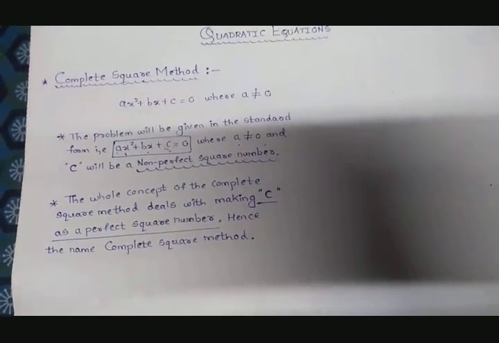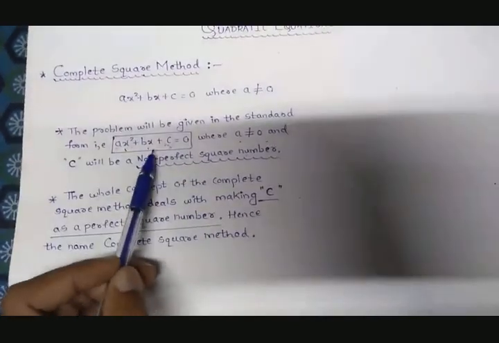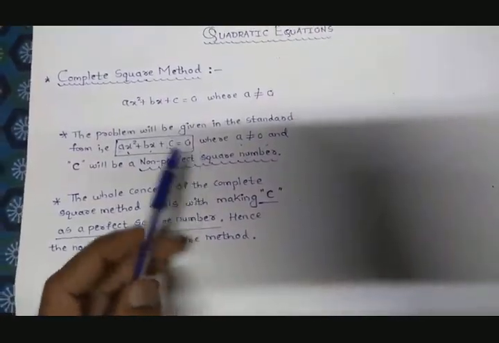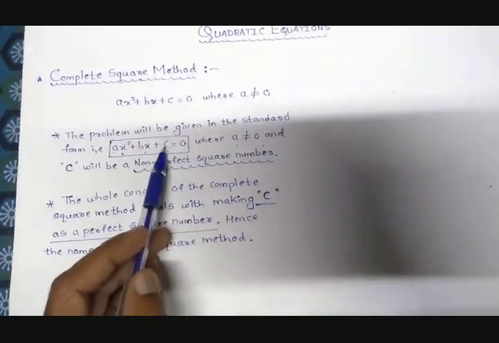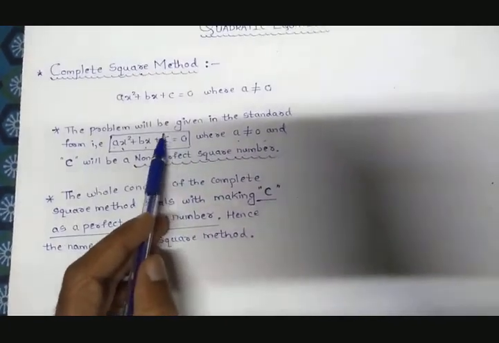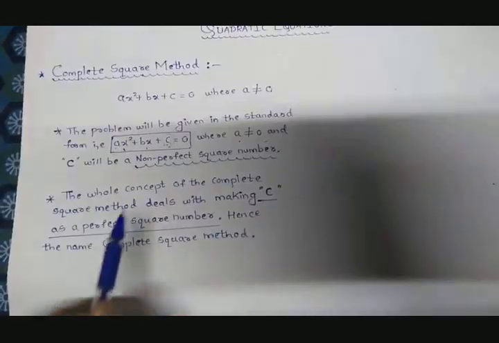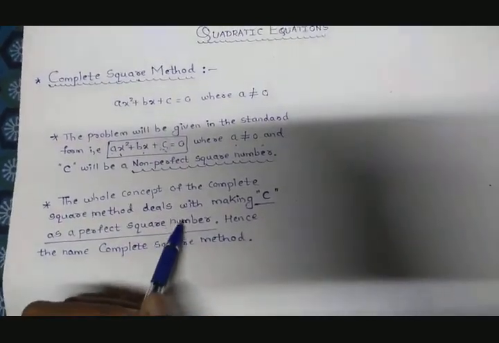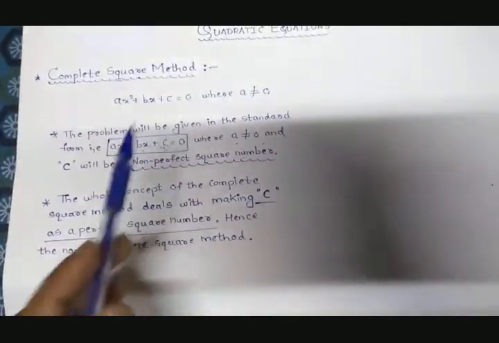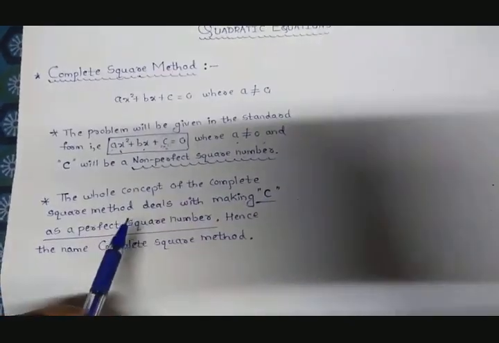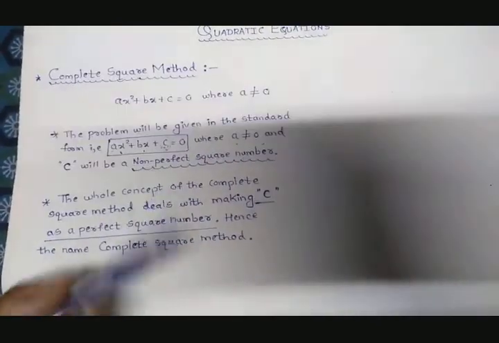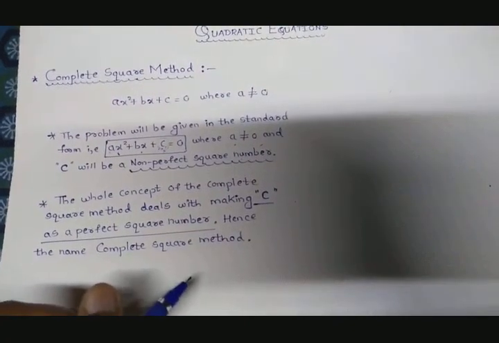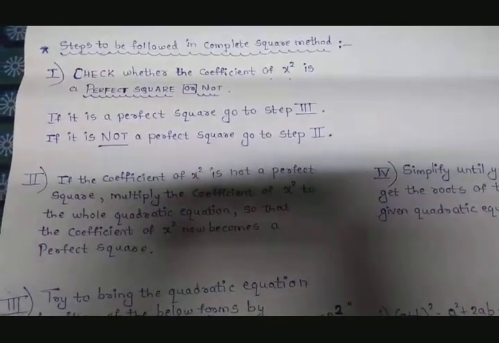Converting this non-perfect square number to a perfect square number is what the complete square method deals with. After converting it to a perfect square number, we shall simplify it by the methods we will be discussing now. Now we shall see what the steps to be followed in the complete square method are.